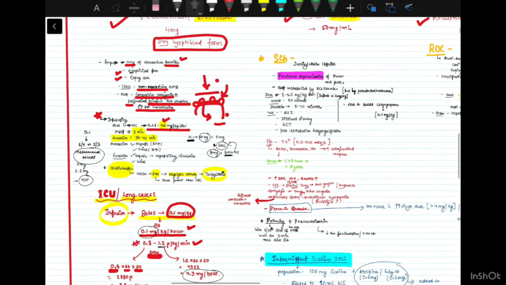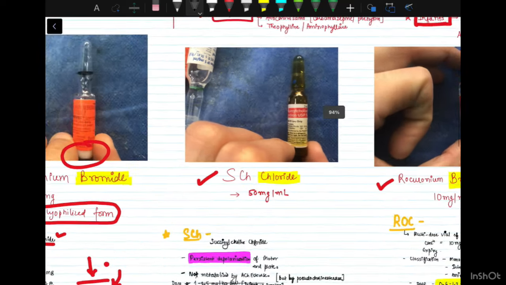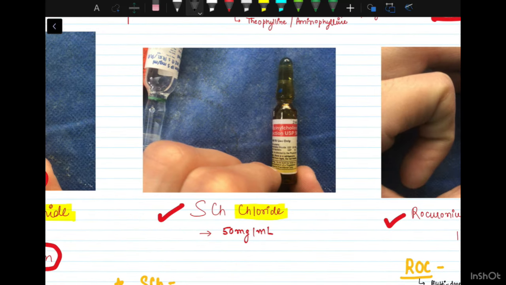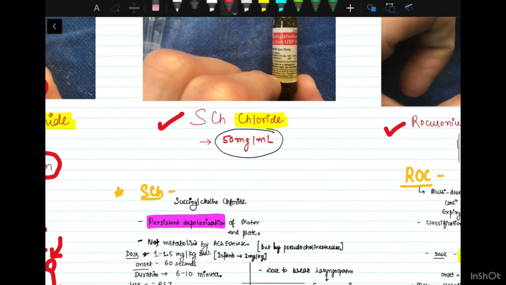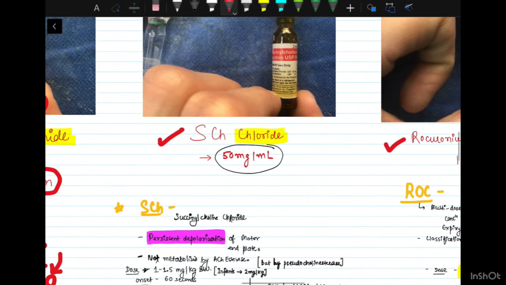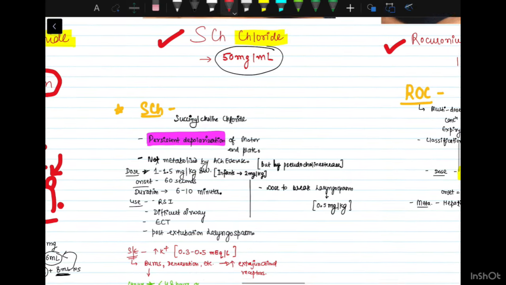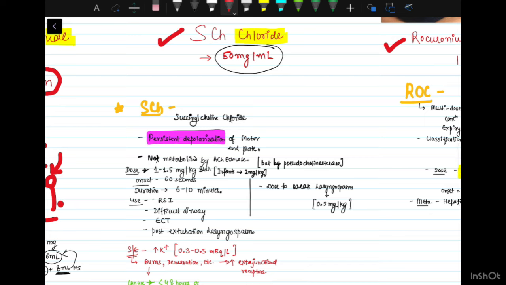Let's move on to the next drug, which is succinylcholine. Now succinylcholine comes as 50 mg per ml of liquid. It comes in an amber colored bottle, usually in 2 ml ampules, and you don't have to dilute it. You just have to pick it up in a 2 ml syringe and give it to the patient directly.